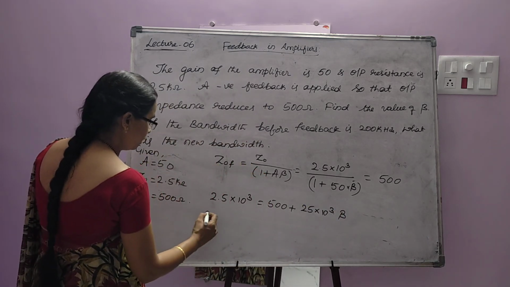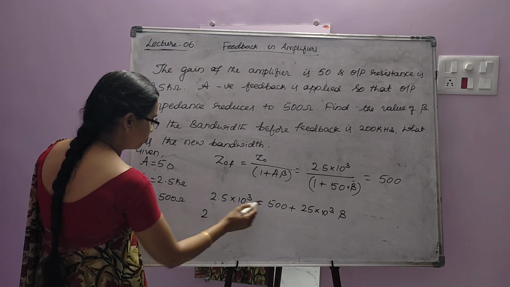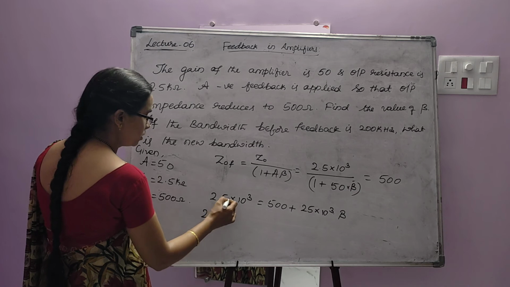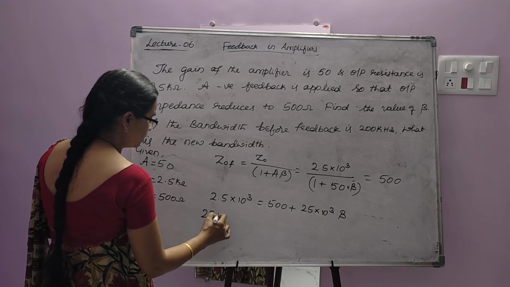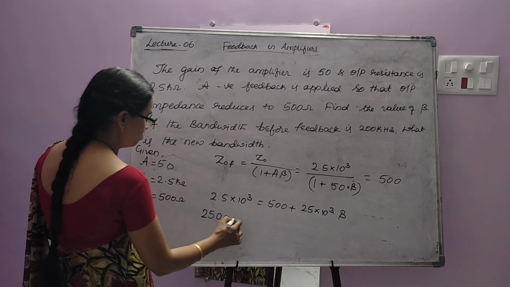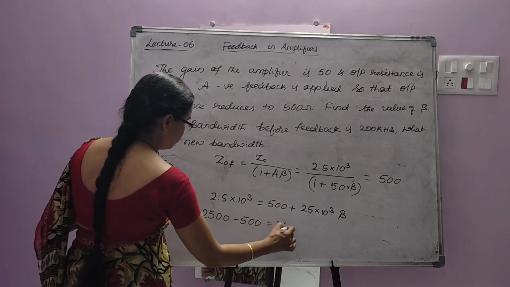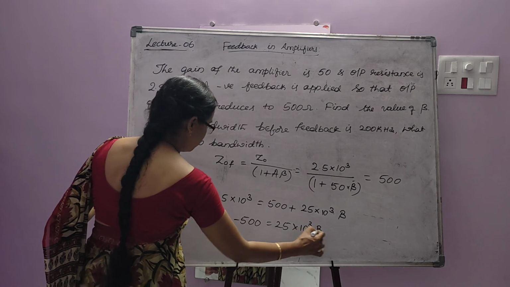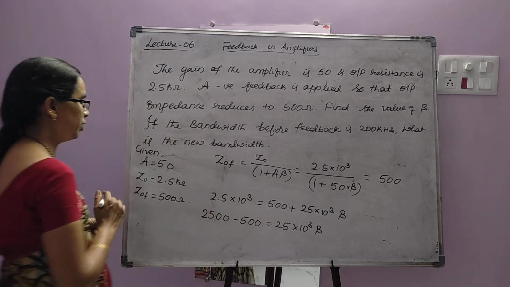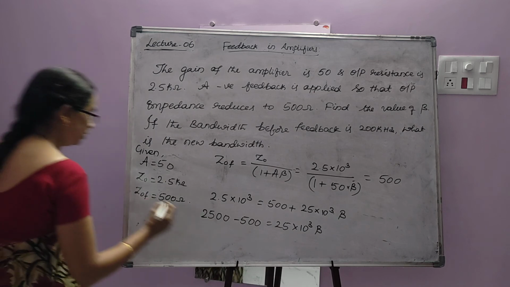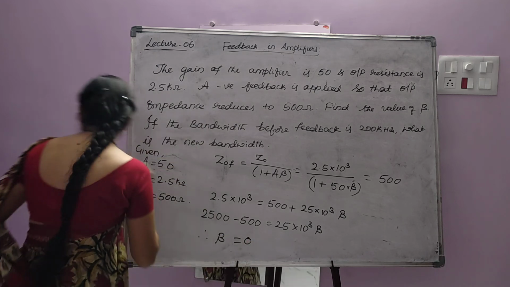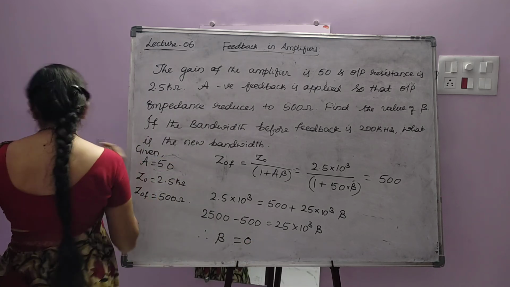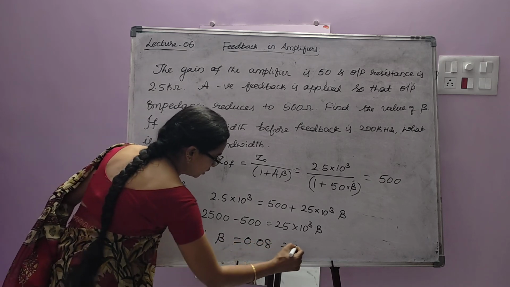So 2500 minus 500 is equal to 25 into 10 to the power of 3 beta. So it is 2000 divided by 25. So beta value will be, calculate this, beta will get as 0.08, or 8%.